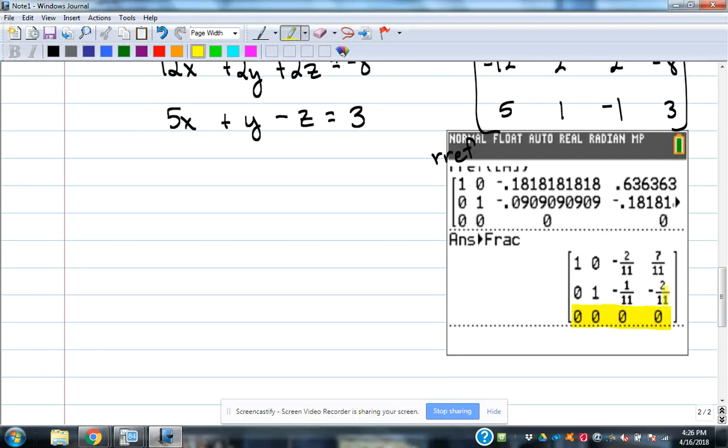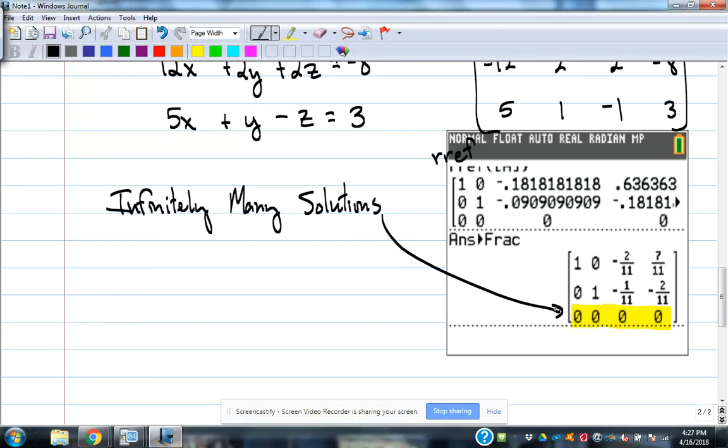If the bottom row were 0, 0, 1, and then a number, then we've got a solution. Because this bottom row is 0, 0, 0, 0, it's all zeros. That means that there's infinitely many solutions. Okay? All zeros across the bottom row is infinitely many solutions. So that tells me that there's infinitely many solutions.